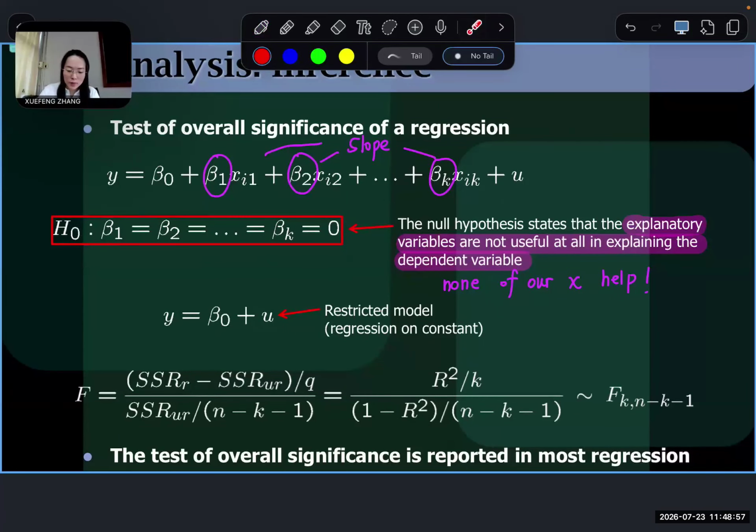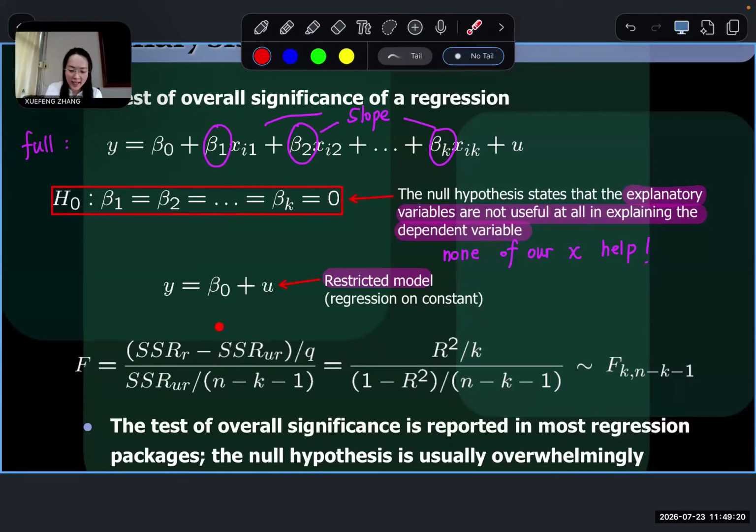And then we restrict. This is the full model, right? This is the full model because there is no restriction, unrestricted. And then if we restrict it, each slope equals 0, here we got our restricted model, which means regression only on the constant, which is beta 0.